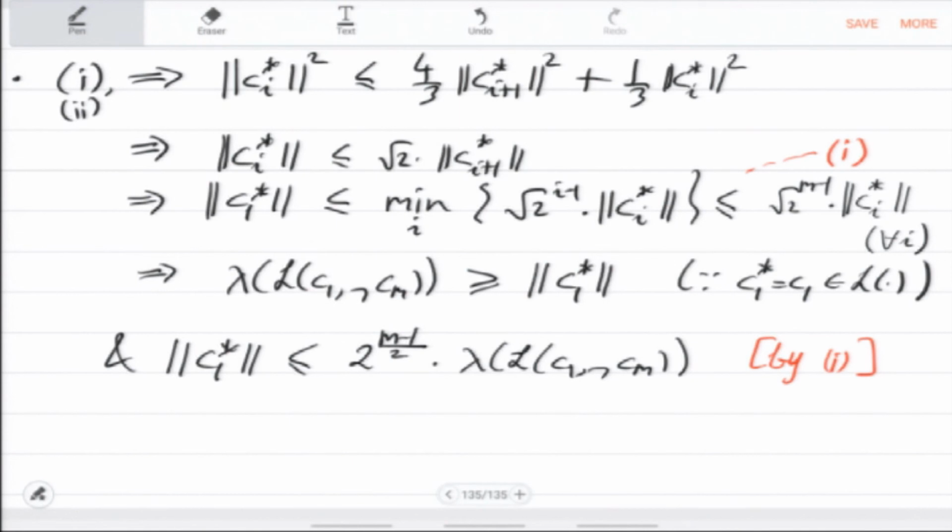So all in all, it implies that C1 is in the lattice and it estimates the shortest vector well by this factor.